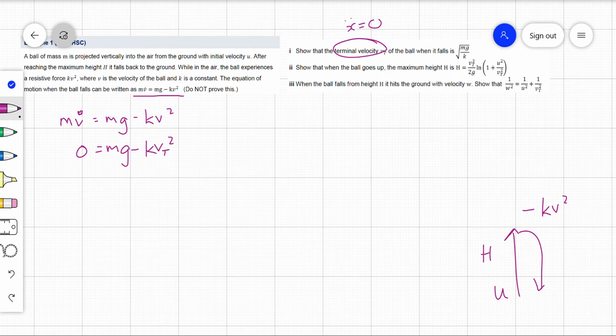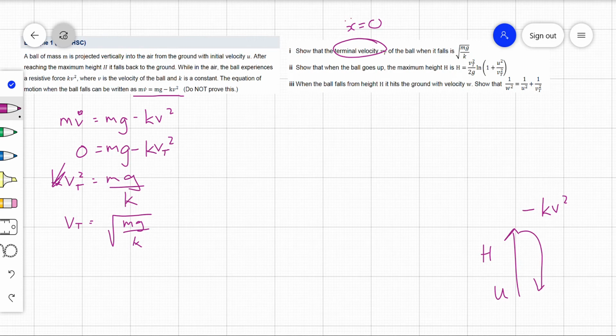That's probably easy to forget, but don't forget to sub that in. So if we make that the subject, I'll put the k terminal velocity squared on this side, and then divide by k both sides, and then square root. We do get that answer. So for terminal velocity, just remember, acceleration has to equal 0.